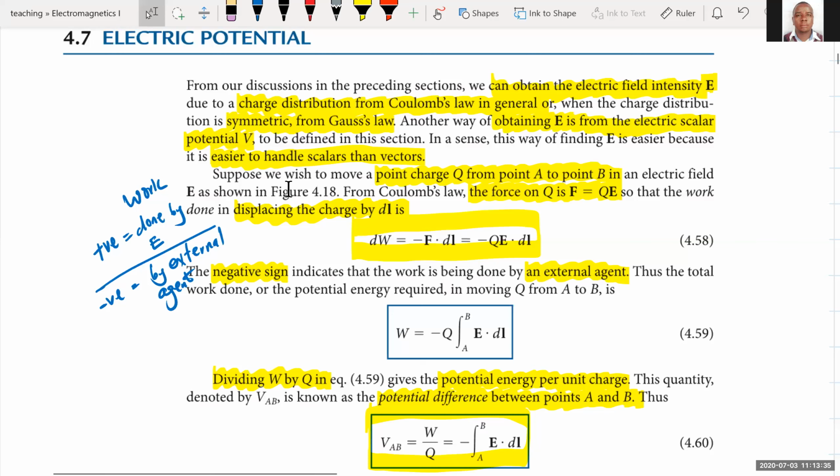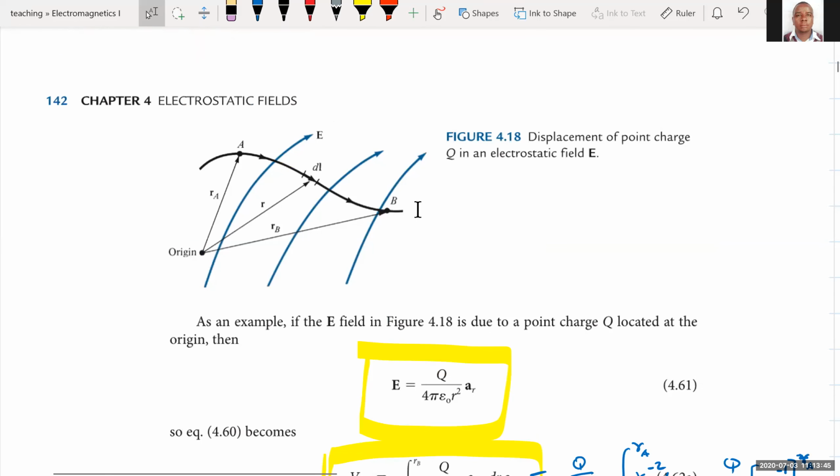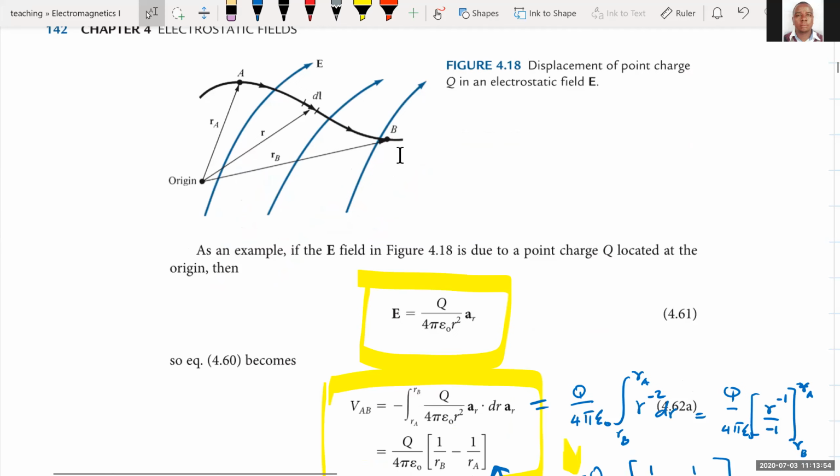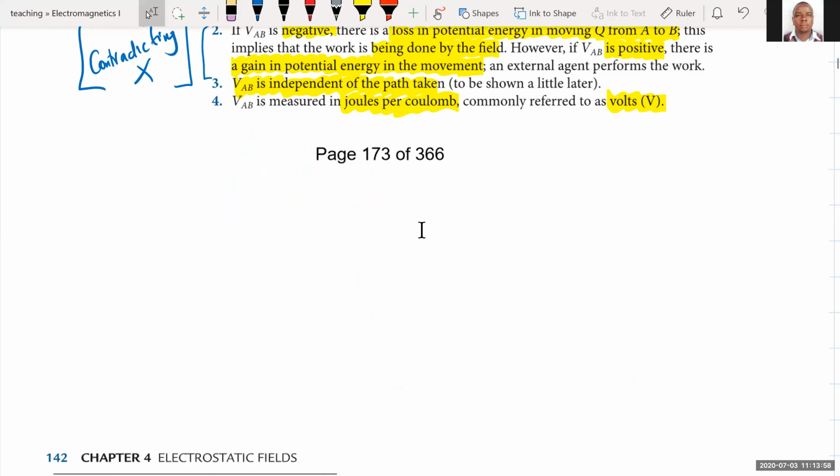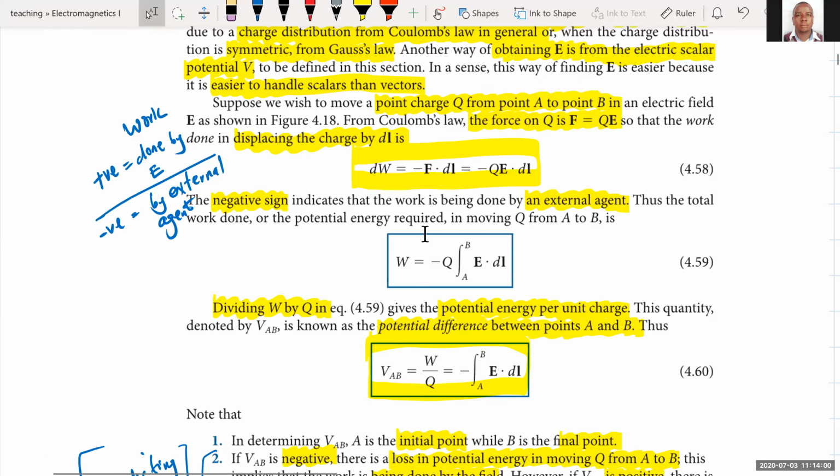To do that, suppose we move a point charge Q from point A to point B in an electric field E as shown in figure 4.18. I have figure 4.18 here. And we are saying, suppose you move the point charge from this point A to point B. So the question is, how would you determine the work done in moving that charge?